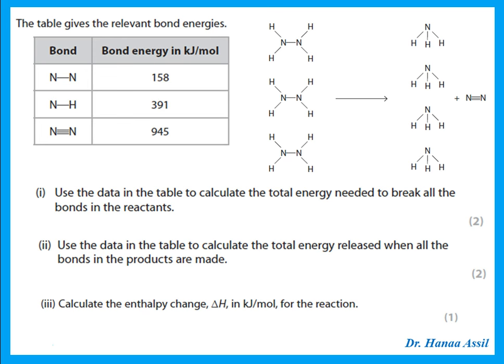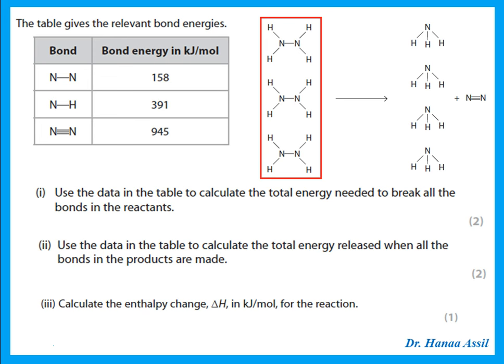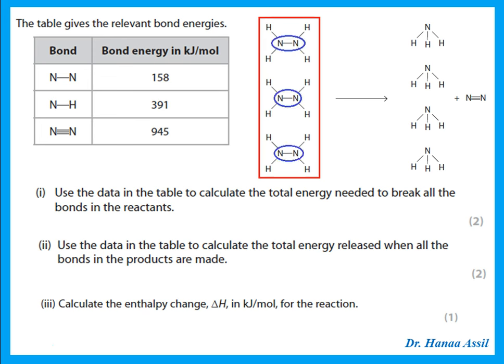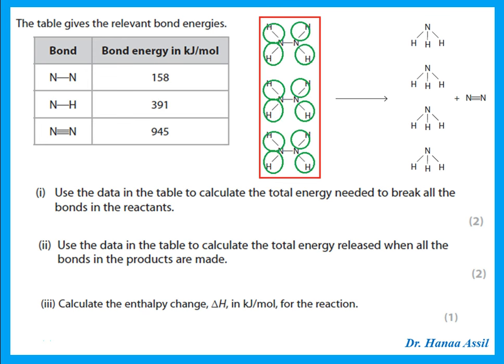And he's saying use the data in the table to calculate the total energy needed to break all the bonds in the reactants. Where are the reactants? Before the arrow. Where are the bonds? We have 3 NN bonds, can you see that? And can you see how many NH bonds?